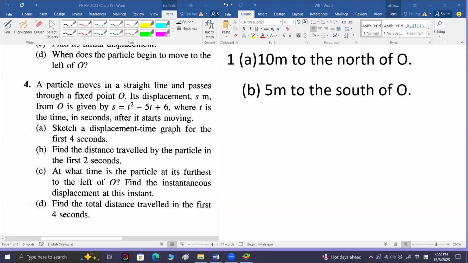A particle moves in a straight line, same, you are given a displacement, where t is a time in second. You're asked to sketch the displacement time graph for the first 4 seconds. Okay, same like just now, class. You make a table like question 3. Wait, make a table like question 3.